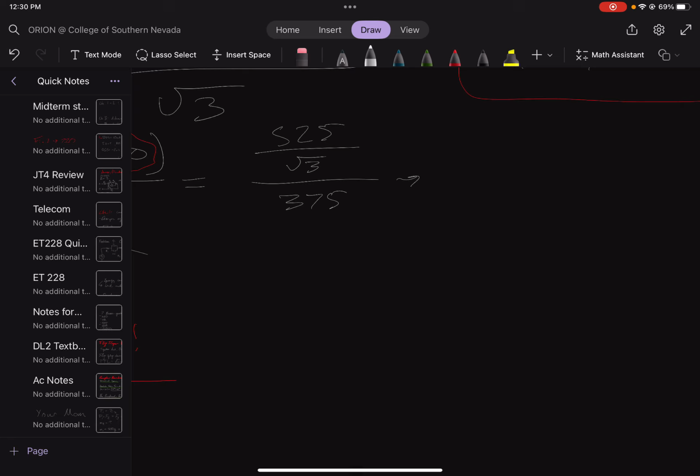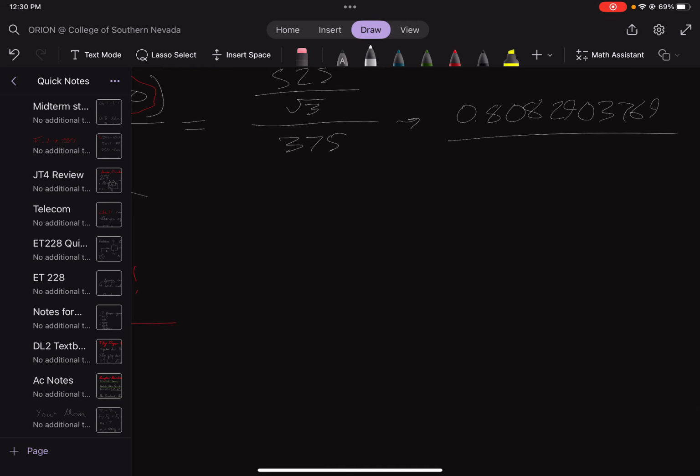And we solve. So let's go right ahead and do this in my calculator just so it's a little easier. 525 over the square root of 3. All right. And then we divide that answer by 375. So now that is whatever this variable is, I'll just put it in. 0.80829036769 in my calculator.